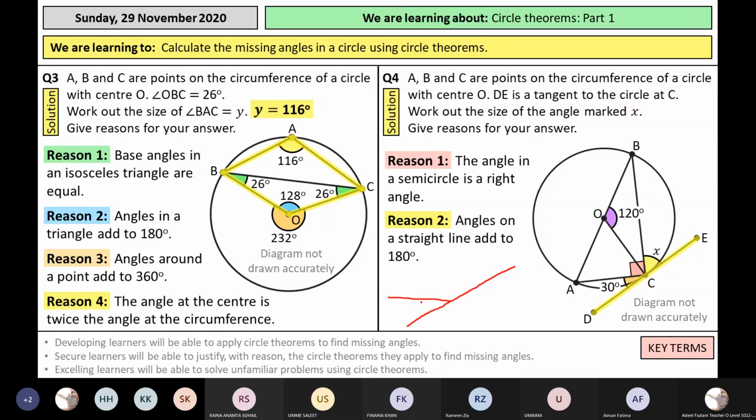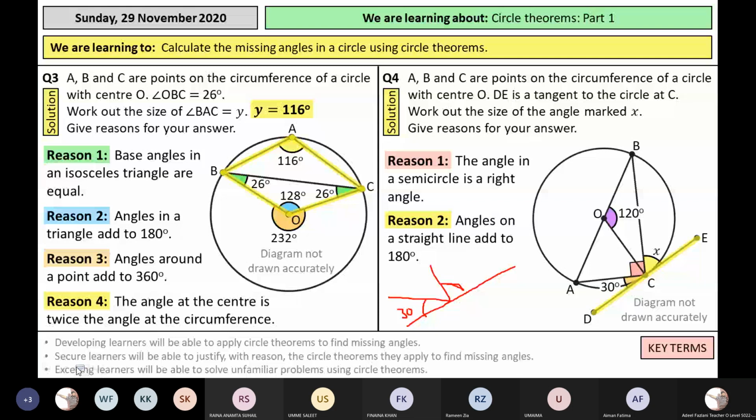This angle is given 30 degrees, okay? And this angle is given 90. Got it? And this angle was unknown. So you just subtract from 180 simply. It's quite easy for you to get the answer. All right.